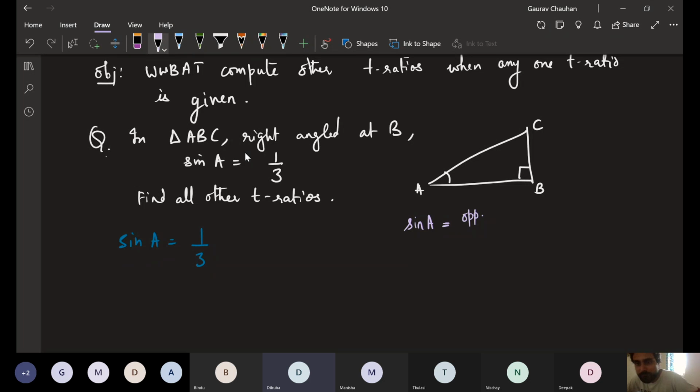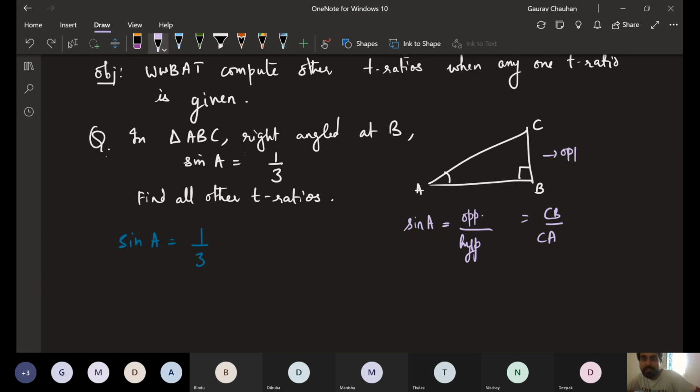And the hypotenuse is CA, sir. Okay, CB by CA. Sine A will be CB by CA, opposite by hypotenuse.